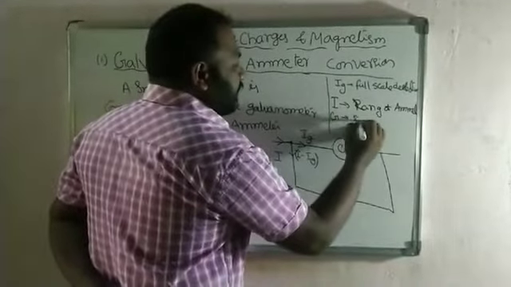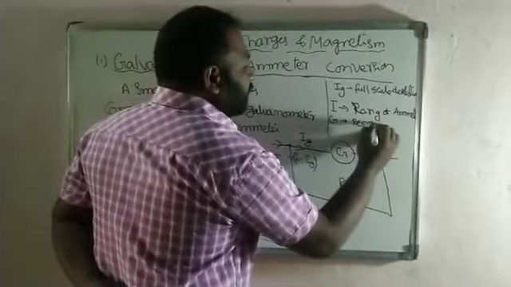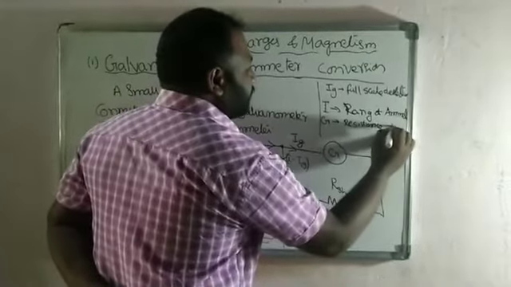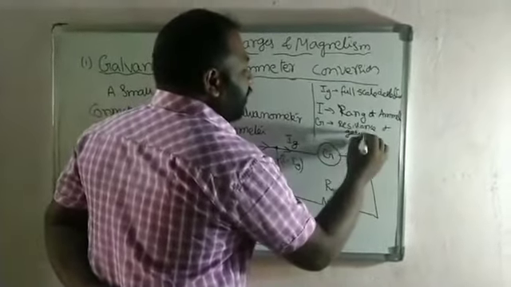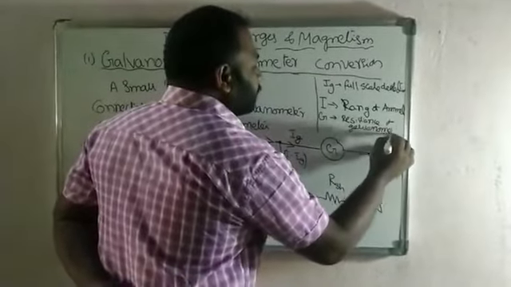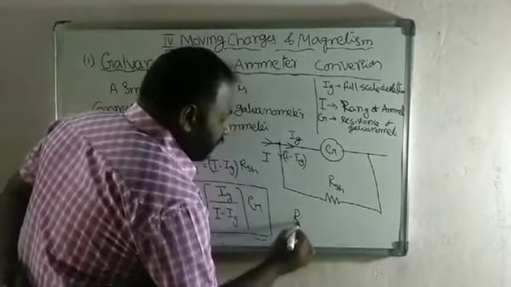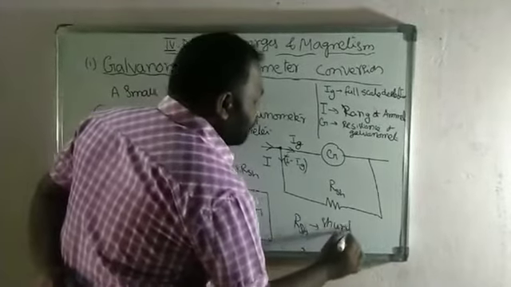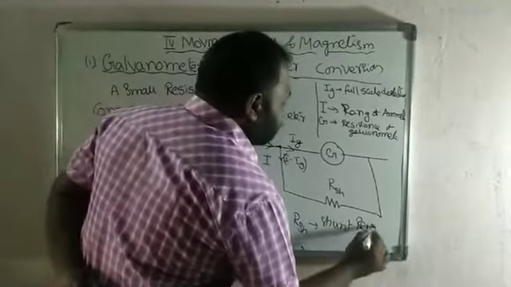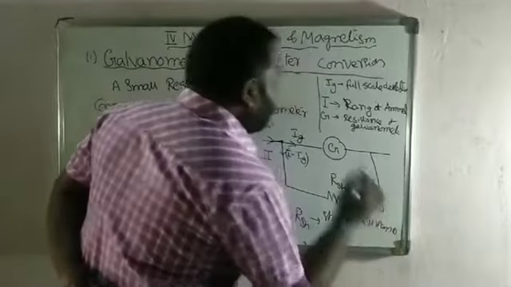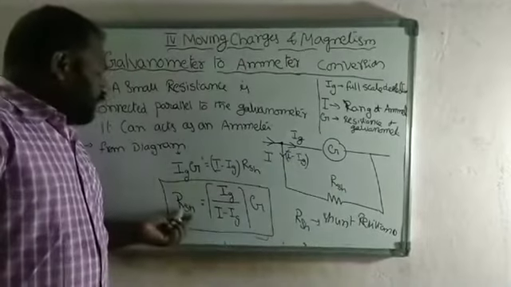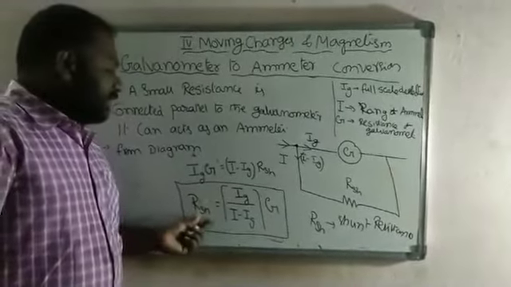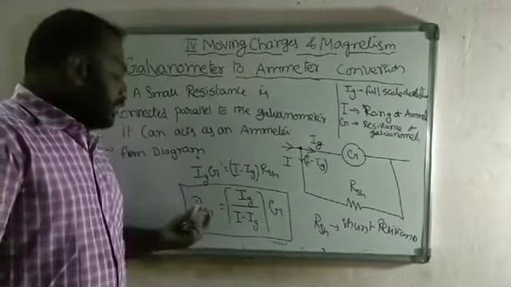Capital G is the resistance of the galvanometer, and here we have to calculate RSH, which is called the shunt resistance. The shunt resistance is a very small value, it is a very small resistance.